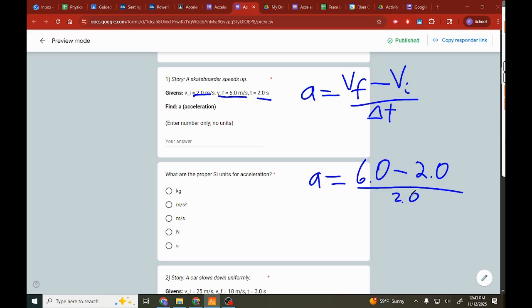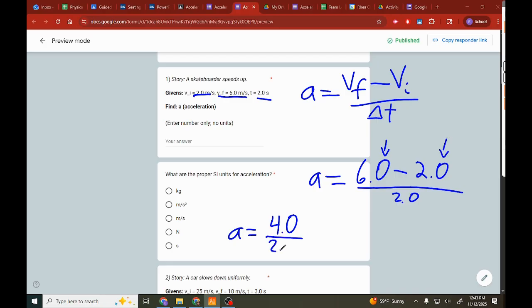Now, if we're doing this step by step, do the subtraction first. 6 minus 2 is 4. And if we're keeping sig figs, we've got to say 4.0 because we have to keep the same level of precision as our least precise value. These are equally precise to the tenths place.